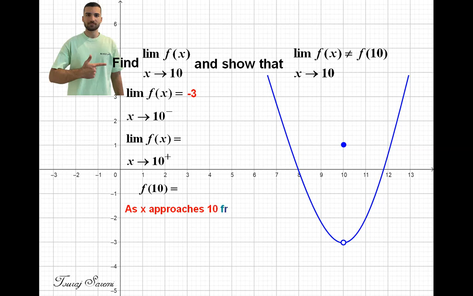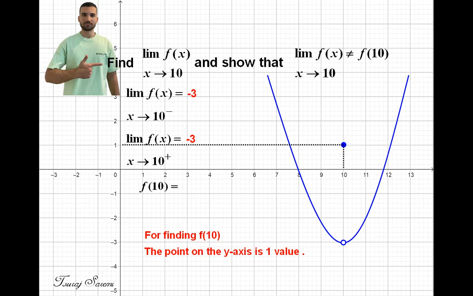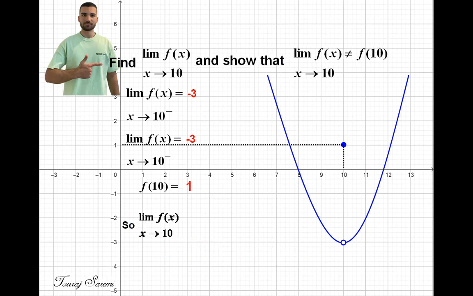As x approaches 10 from the right, the limit of f of x is minus 3. For finding f of 10, the point on the y-axis is one value. So, the limit of f of x as x tends to 10 exists and is equal to minus 3, but not equal to f of 10.